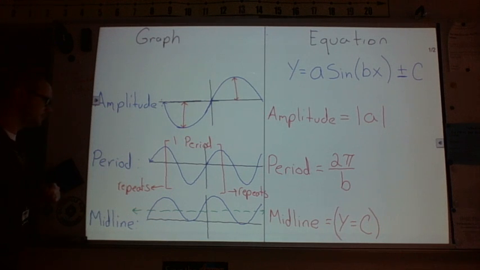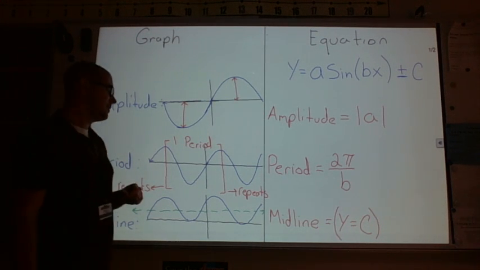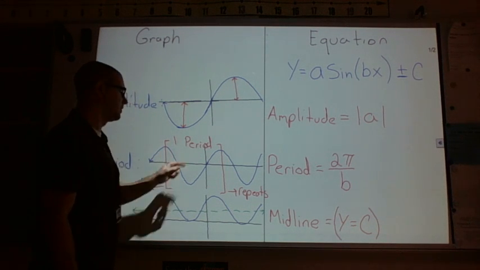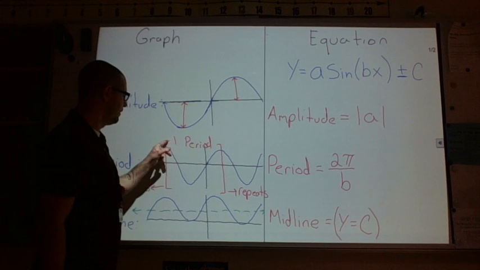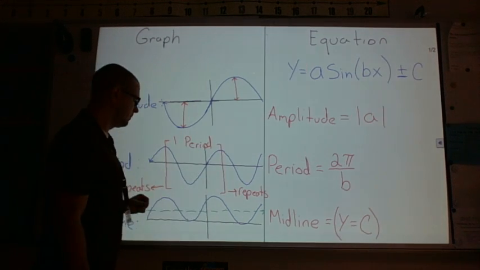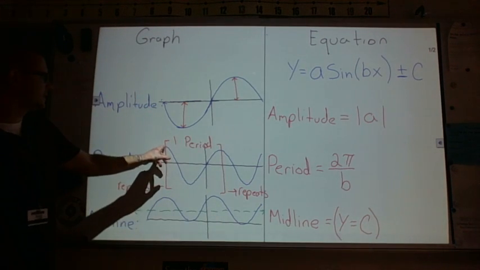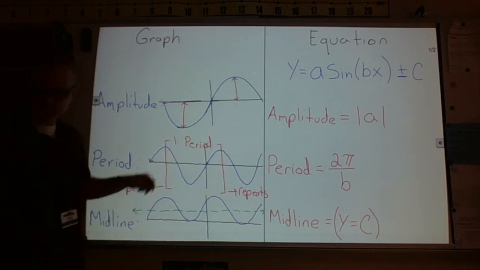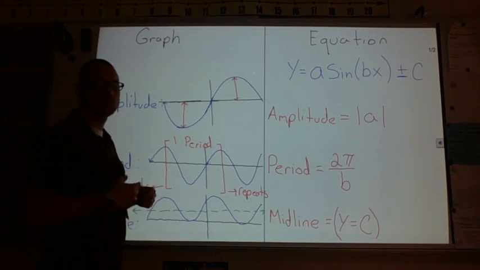The period. Period is the length on the x-axis that the pattern repeats one time. And you can see that's exactly what we have here. The period, this red box, goes from the top of this wave to the top of this wave, and that's when that pattern would start to repeat.